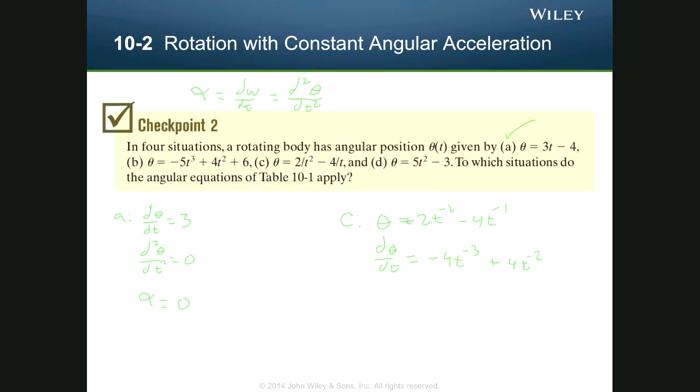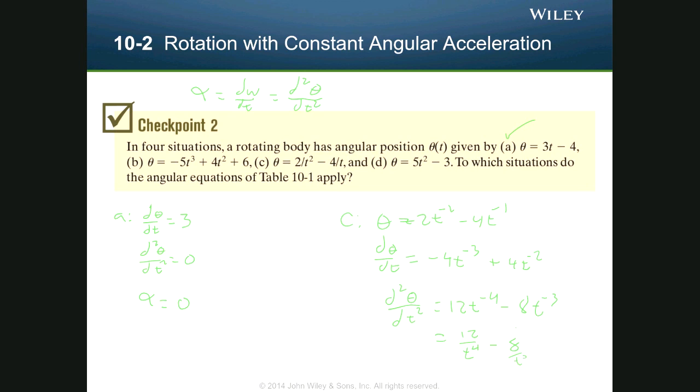And then if we look, this isn't looking good for constant acceleration. If we look at the second derivative, that's going to equal 12t to the minus 4 minus 8t to the minus 3. If you want to write this, it equals 12 over t to the fourth minus 8 over t cubed.